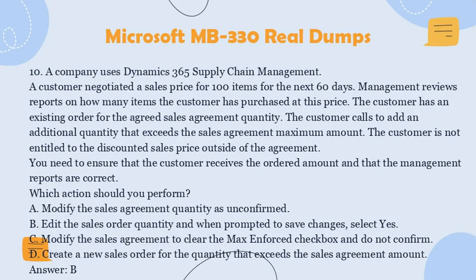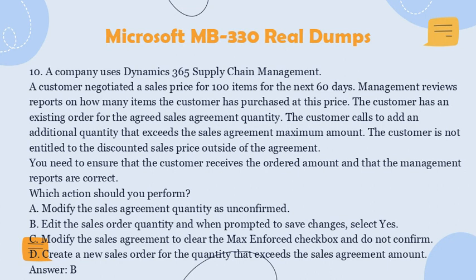The customer calls to add an additional quantity that exceeds the sales agreement maximum amount. The customer is not entitled to the discounted sales price outside of the agreement. You need to ensure that the customer receives the ordered amount and that the management reports are correct. Which action should you perform?